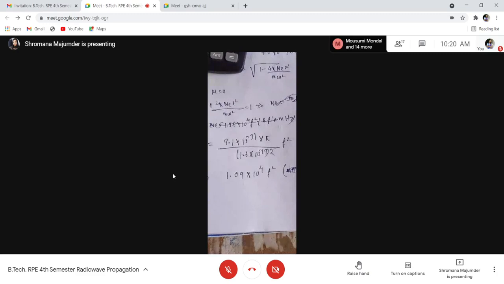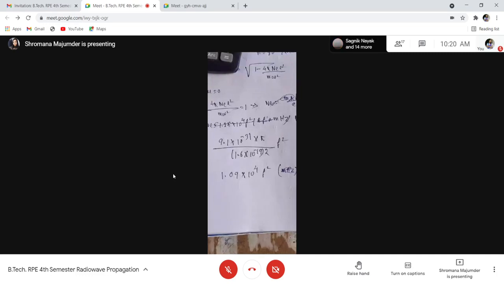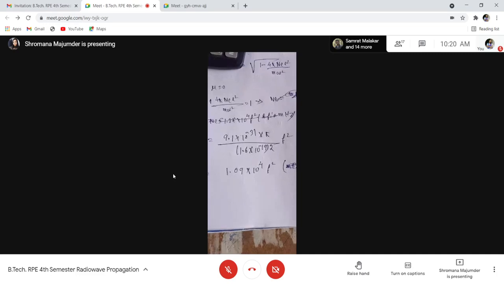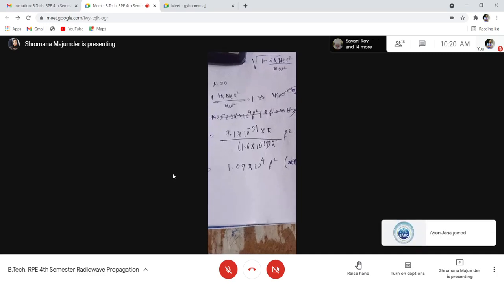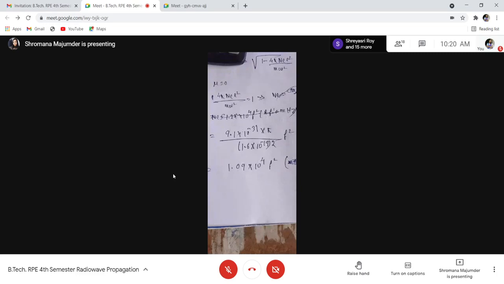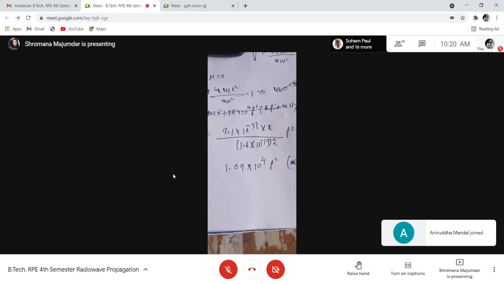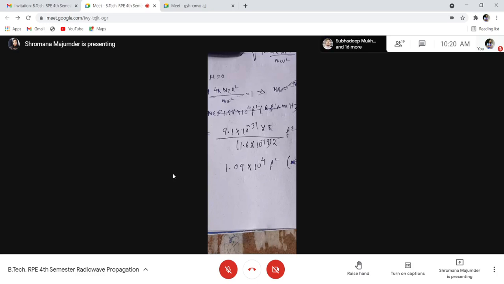Okay, so tell us which is what value. I have put the value of MRE. Is 10 to the power minus... 9.1 into 10 to the power minus 28 or 31? 31. With this value in the numerator, will it be 9.1 into 10 to the power minus 31 or 28?